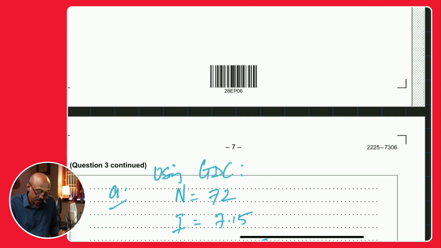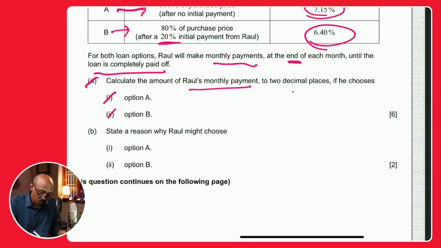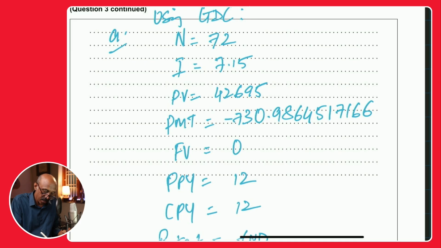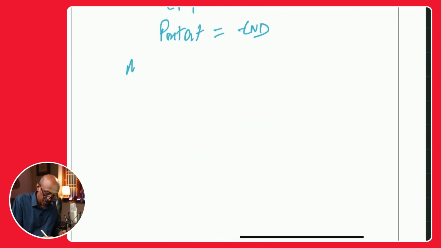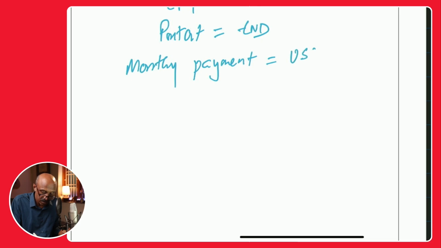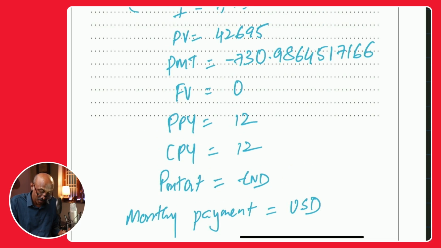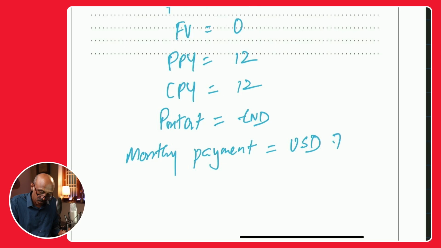And the question said, calculate the amount of Raul's monthly payment to 2 decimal places if he chooses option A. And then you can say A, part 1, monthly payment equals, and remember USD, dollars, and don't write with the negative sign this time, 730.97. Corrected to 2 decimals, you've rounded it off.